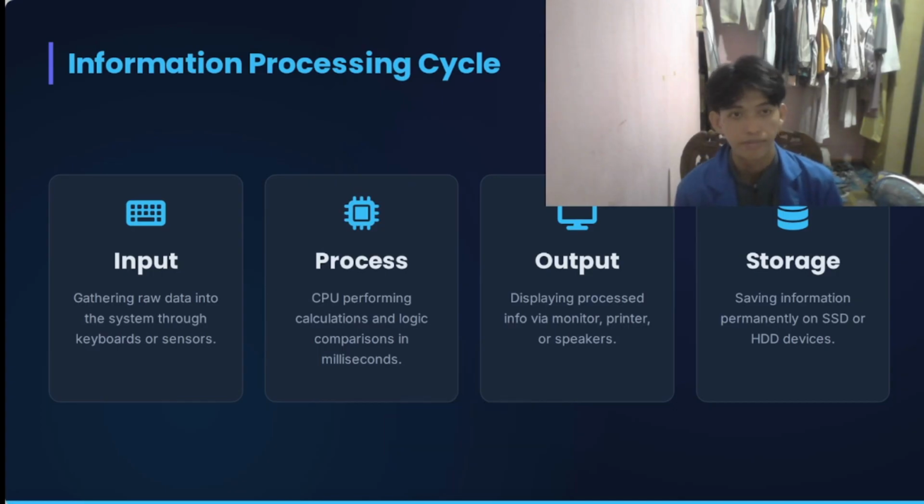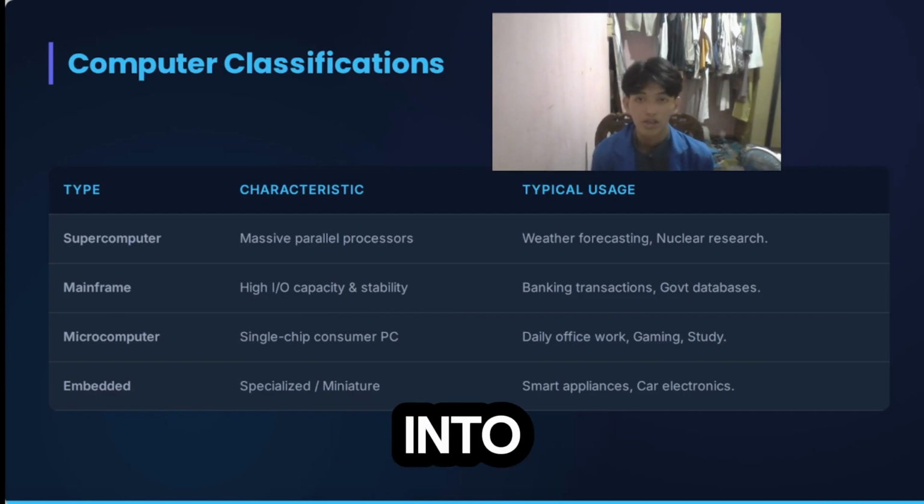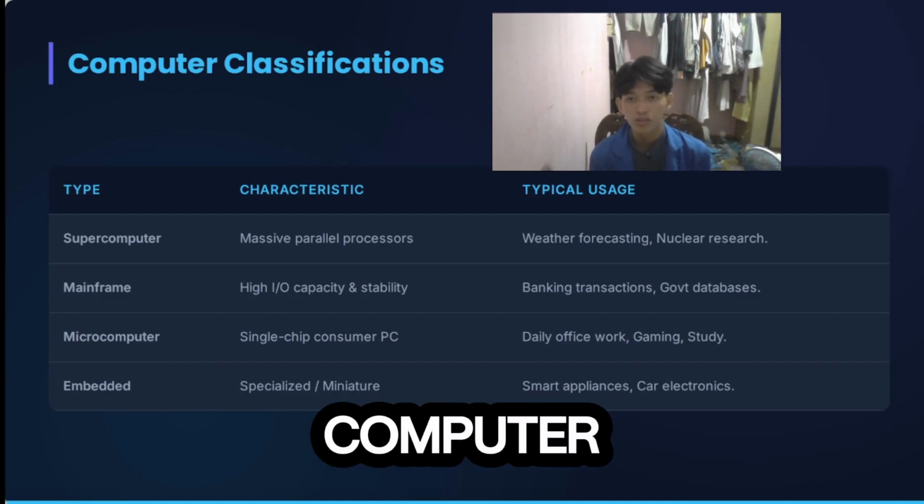Next, computers can be classified into several types based on their size and usage. One, supercomputers.